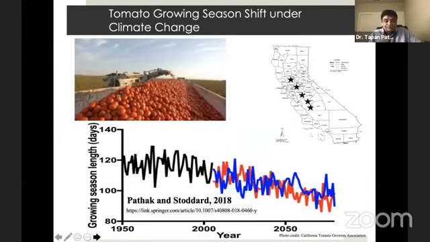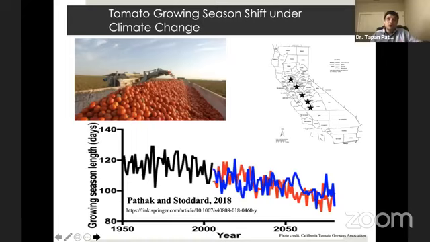On the other hand, we published a study a couple of years ago where we looked at processing tomatoes and how temperature increases can have an impact on their phenology. Looking at the time from emergence to maturity for processing tomatoes in the historical years versus the future years, we found that under future climate, that total time frame from emergence to maturity might shrink by almost a month.